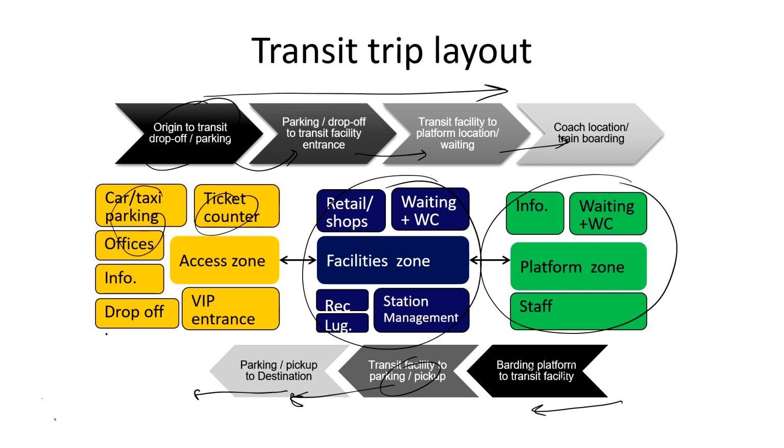By understanding the spatial dynamics of each segment, one can create an intuitive layout that will streamline the travel experience for the passenger, enhancing the overall satisfaction and usability of the transit system.